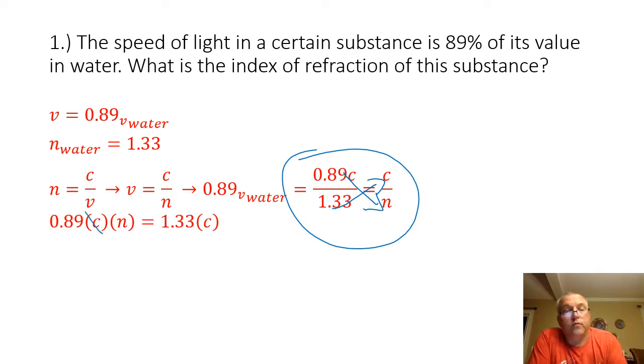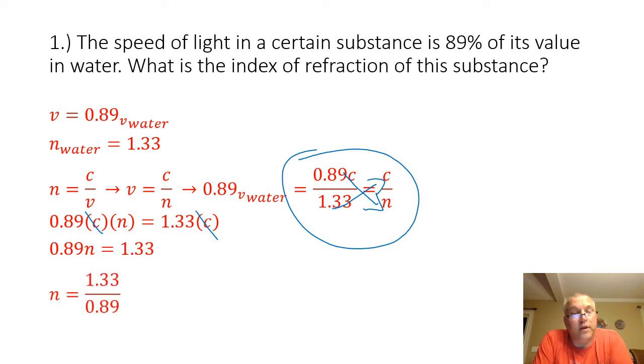I can cancel c from both sides, and I get 0.89 times n equals 1.33. Dividing both sides by 0.89 gives n equals 1.33 divided by 0.89, and that gives me an index of refraction for this substance of 1.49.